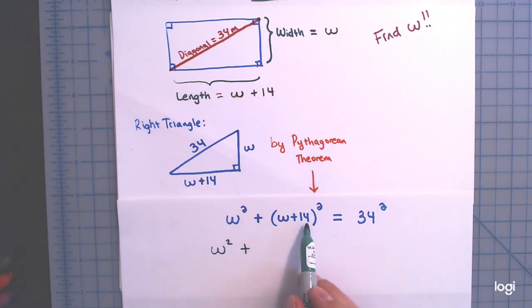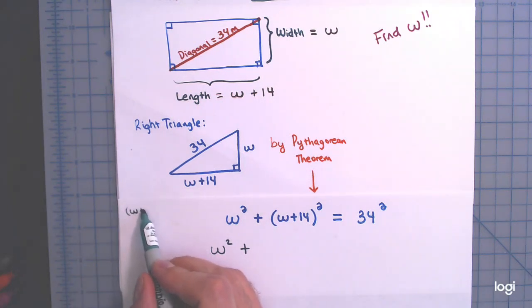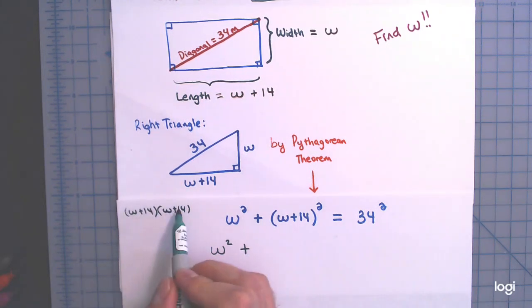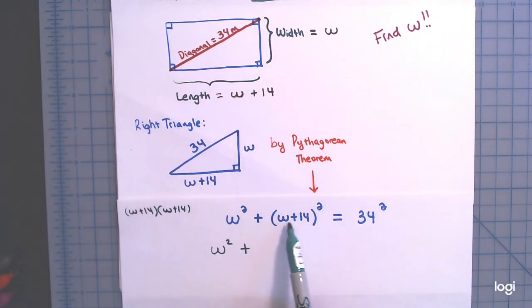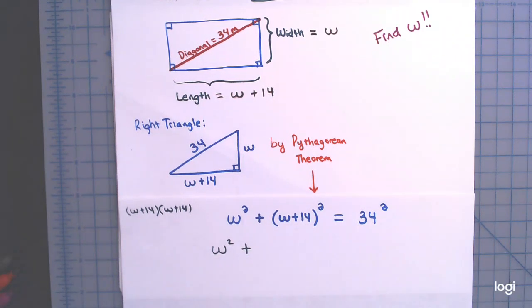Now remember, this is W plus 14 times W plus 14, and then I've got to FOIL. This is not W squared plus 14 squared. You do not distribute powers. You do not distribute exponents.